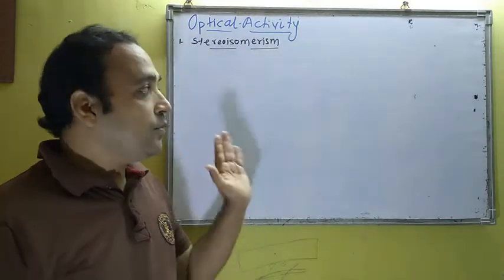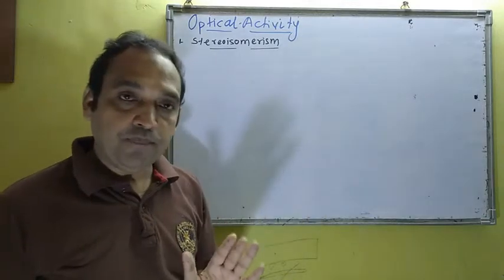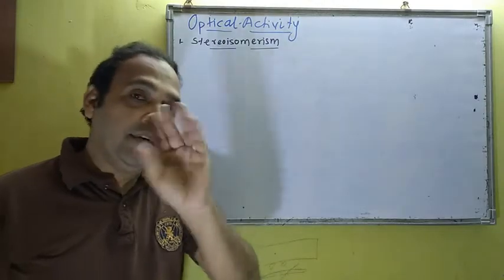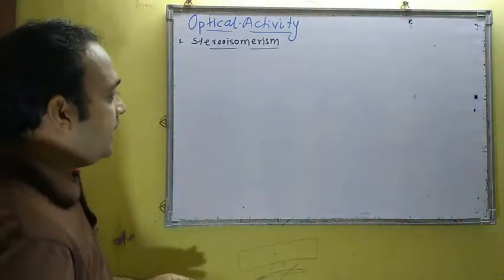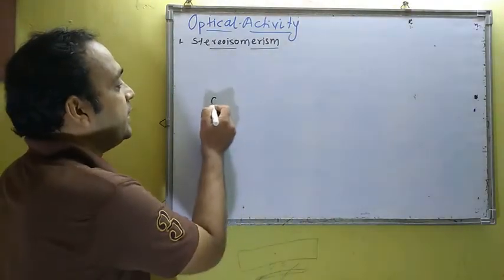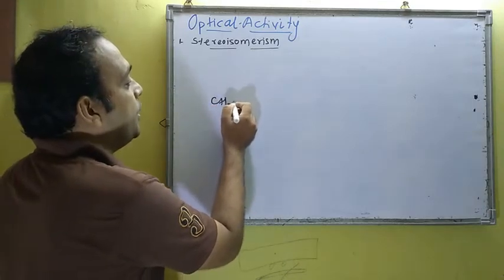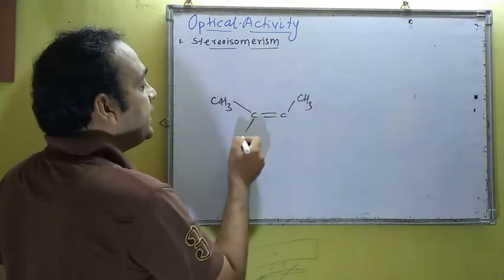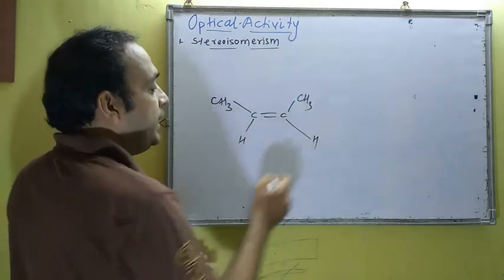Optical isomers we will discuss in optical activity. Geometrical isomerism we have discussed in 11th. Now suppose I am writing here butene. See, this is the structure of butene.